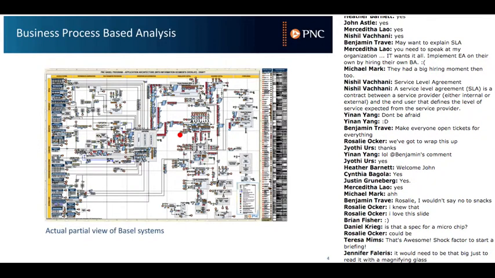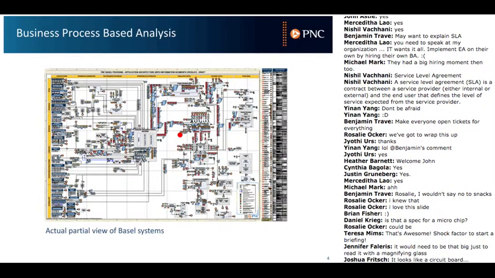So the reason I bring it into this discussion is this is a very process-focused view of our systems. When I sat down through the meetings that we had with the different process owners, it was very unwieldy and very difficult to actually use.